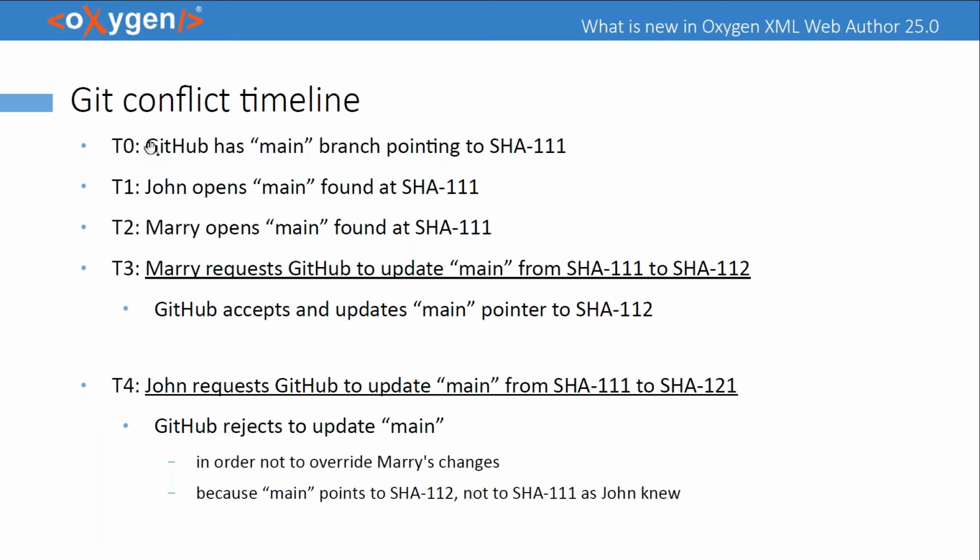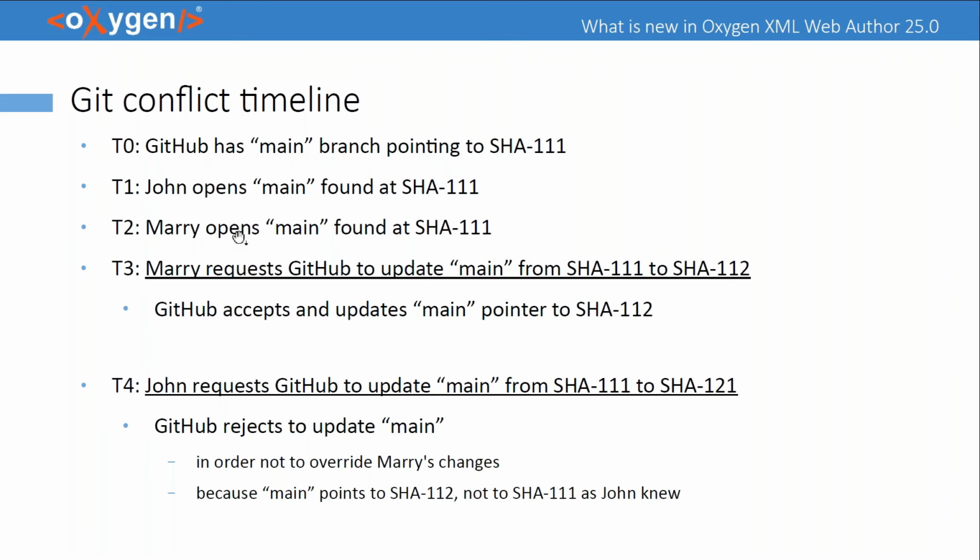Okay, let's get through each step, each action. The initial moment is where GitHub has the main branch pointing to SHA-111. So this is what GitHub knows. In the following moment, John opens a document from the main branch, and it finds the document at SHA-111.